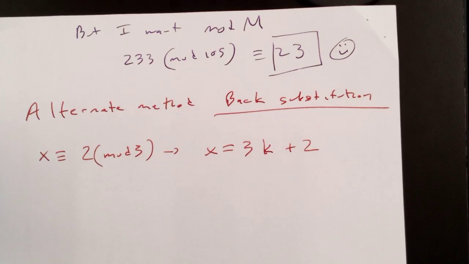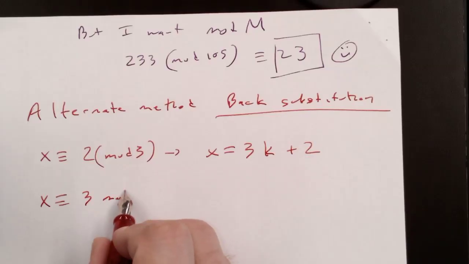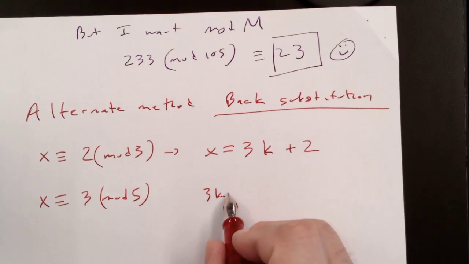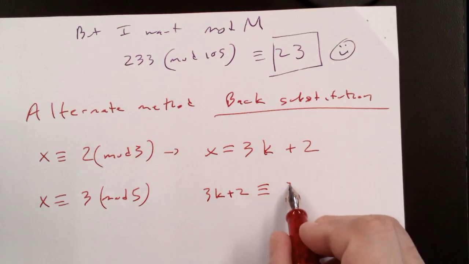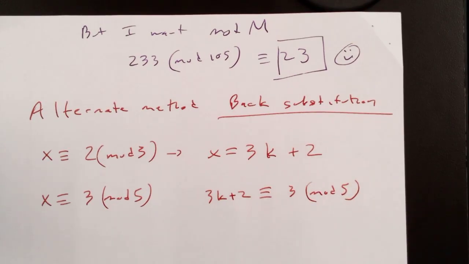But I also know that I want X to be congruent to 3 mod 5, yes? But this is X. So 3k plus 2 should be congruent to 3 mod 5. Right?